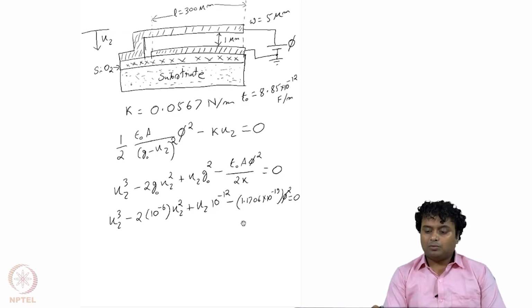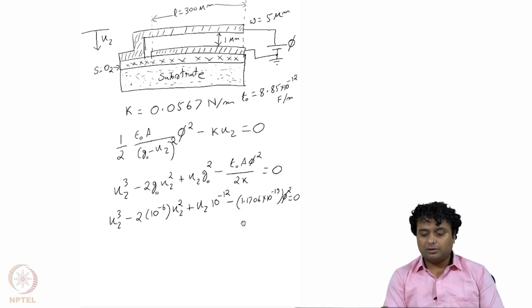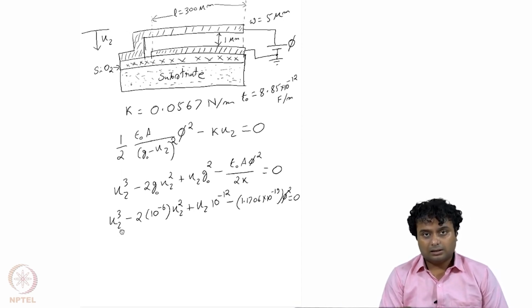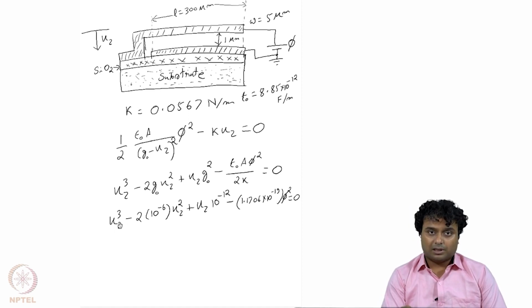Okay. Now the important point to note in this equation is that uz has a cubic power, right? It is a power of 3. So this is a cubic equation, and that means it can have 3 roots, correct? And as all the other terms are known, only the unknown value is phi, and putting different values of phi we can get different solutions of uz, right?